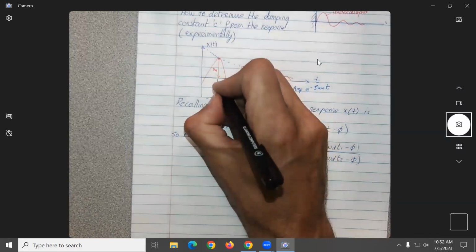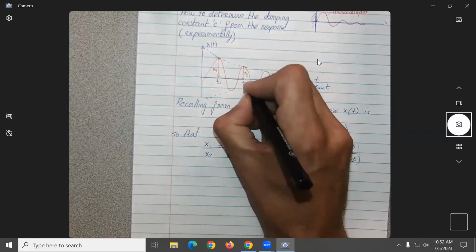If you want, let's put over here on the figure, this will be T1, this will be T2.